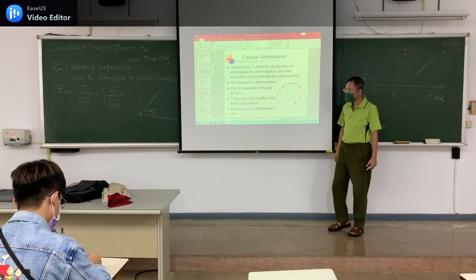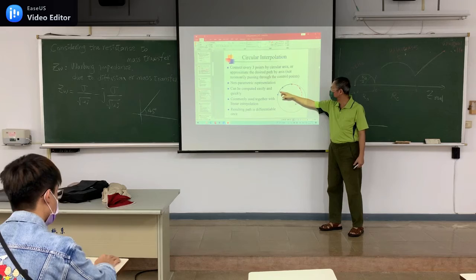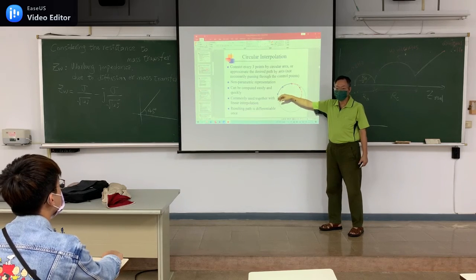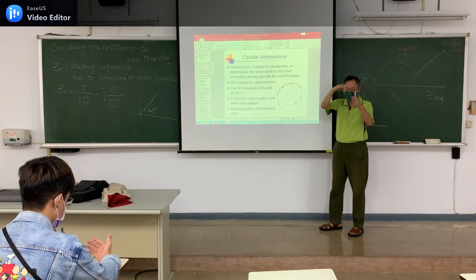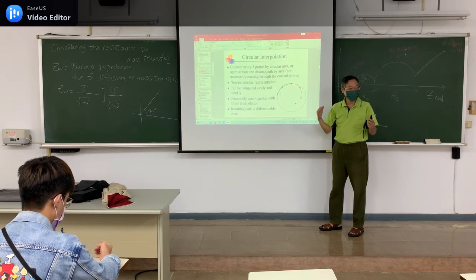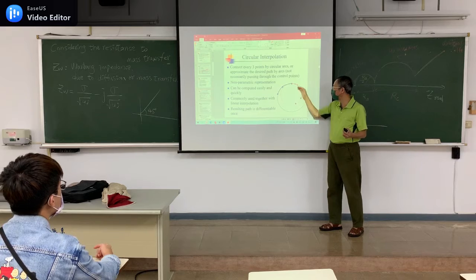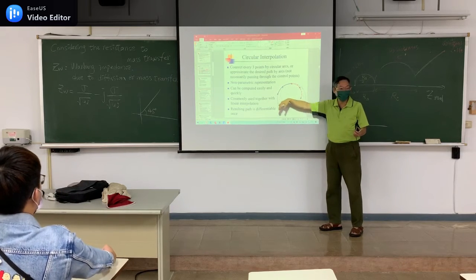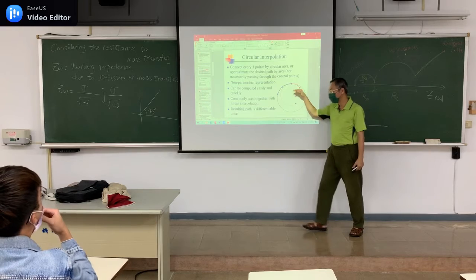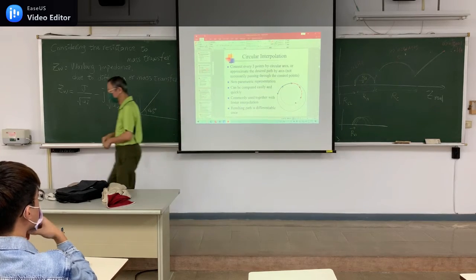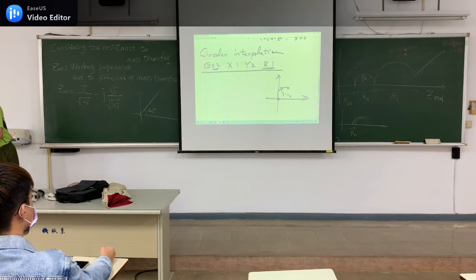You can take 1, 2, 3, 4, 5 points to form a circular path. It may not be able to pass through all 5 points, but you can have an approximation. So it could be something like this.